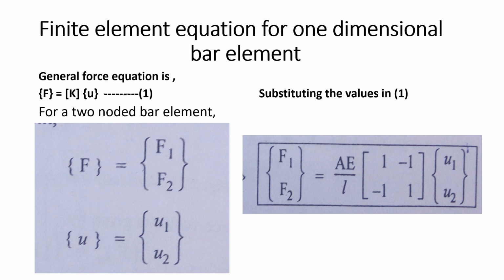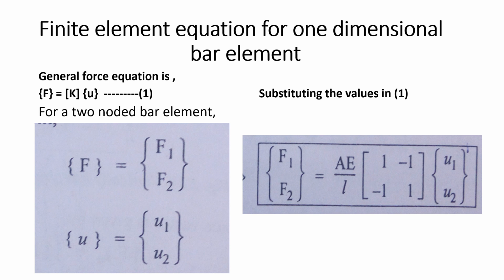In the last lecture, we saw the finite element equation for the one-dimensional bar element: F is equal to K into U. That is the equation for the one-dimensional bar element, shown here as equation number 1.